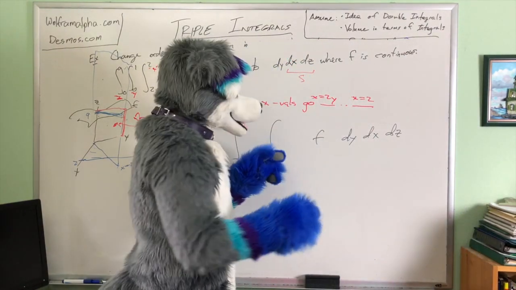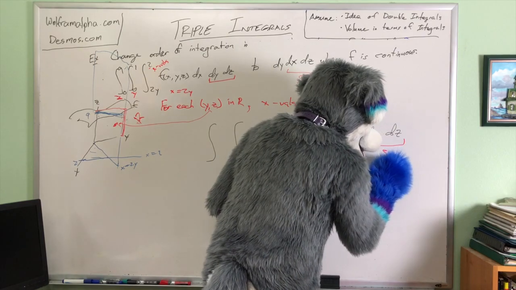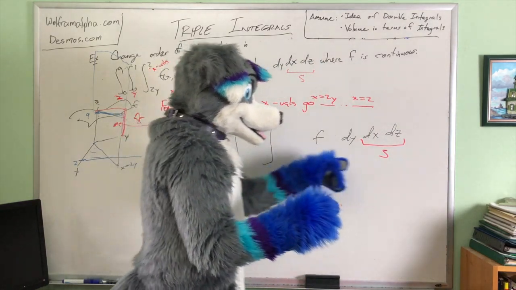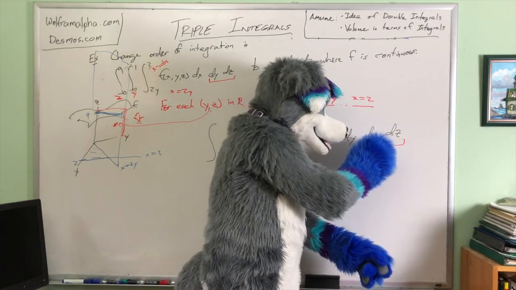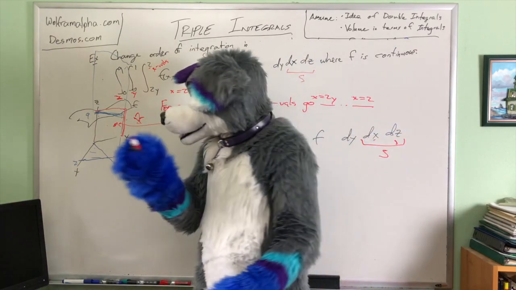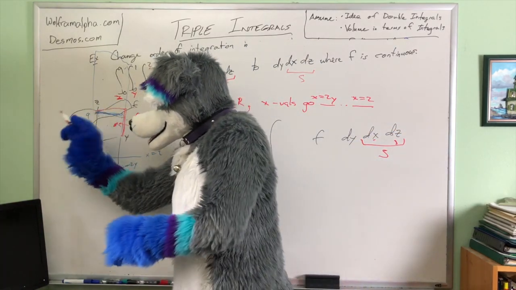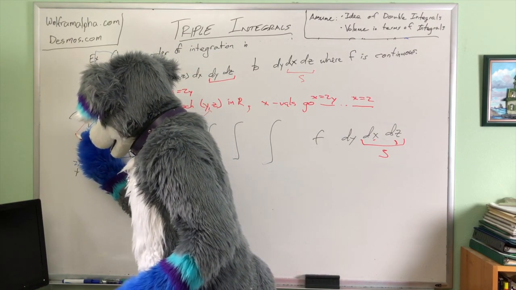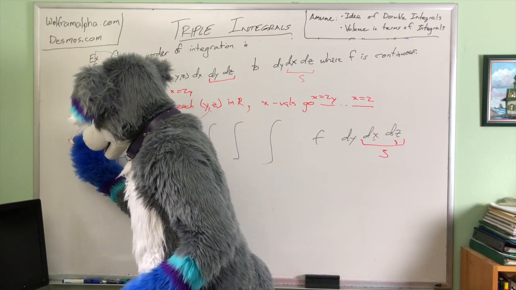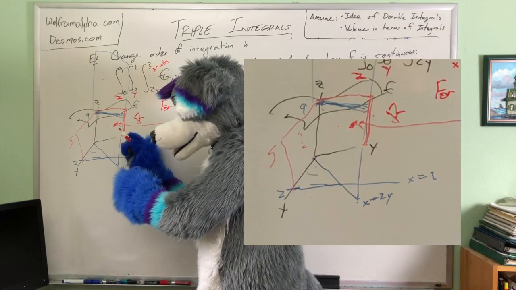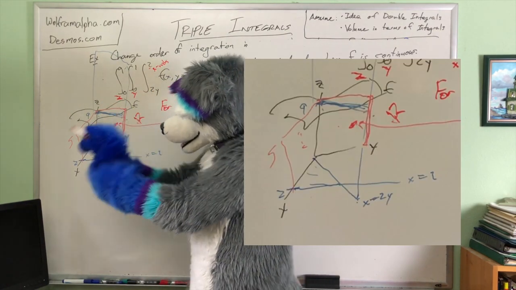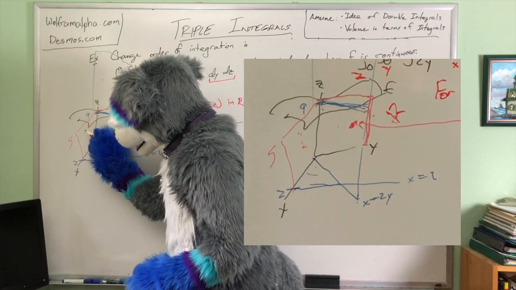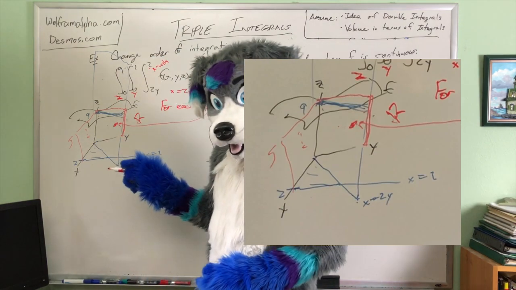Like I said, S. And that region S is in the xz plane. Here's the xz plane over here. And so that's going to look like this rectangle. I'm taking this wall and projecting it onto the xz plane. And this is my S.